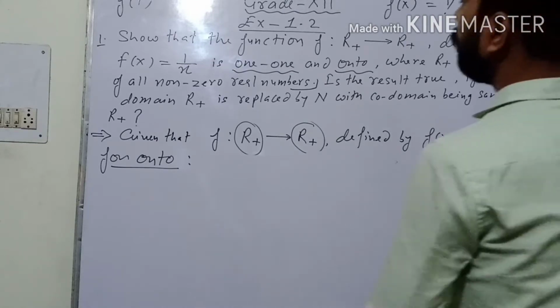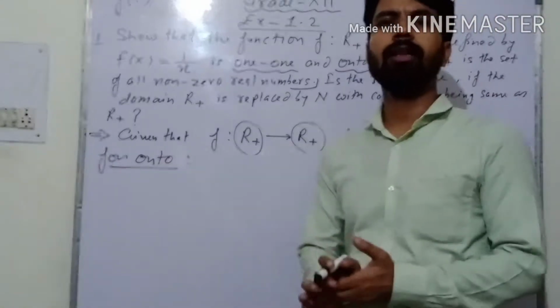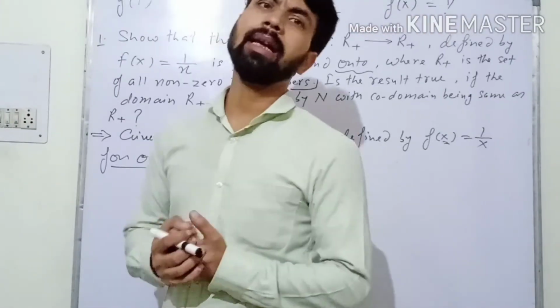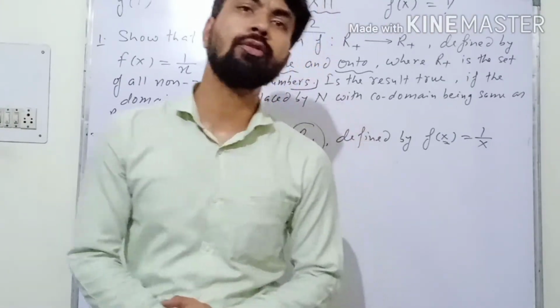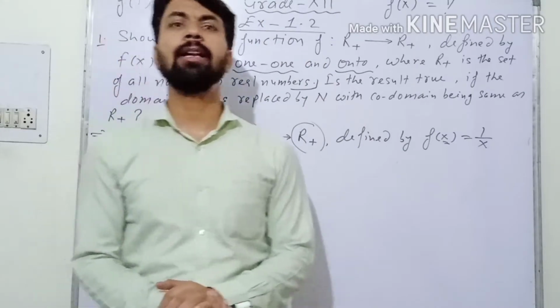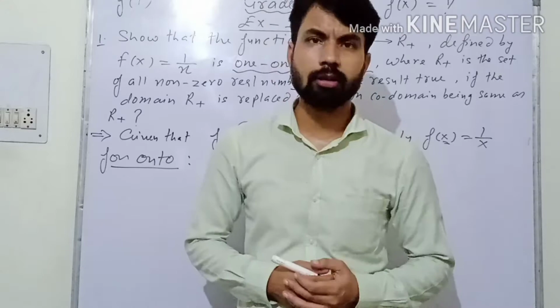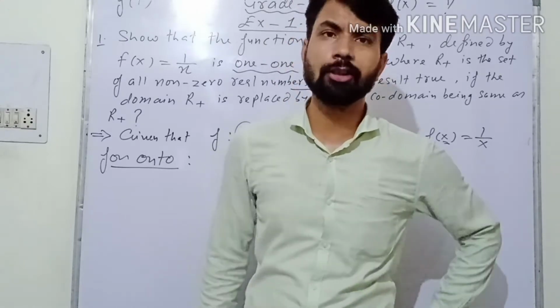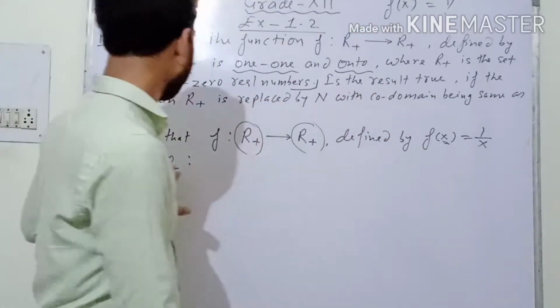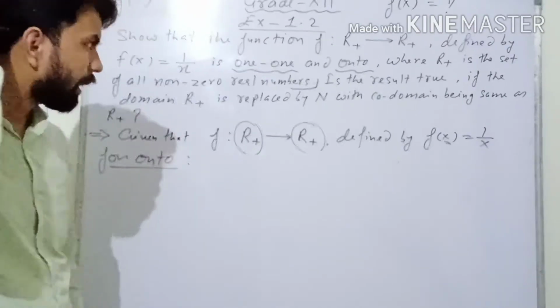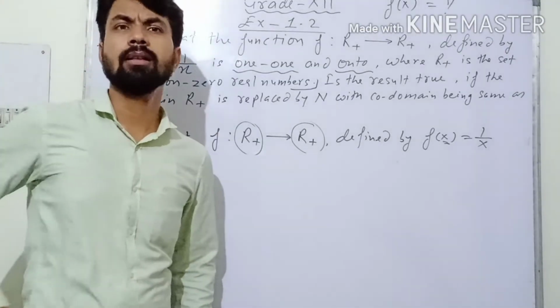Now students, we will check whether this given function is onto or not. What is the condition for a function to be onto? I explained in the previous lecture how we can check whether the given function is onto.